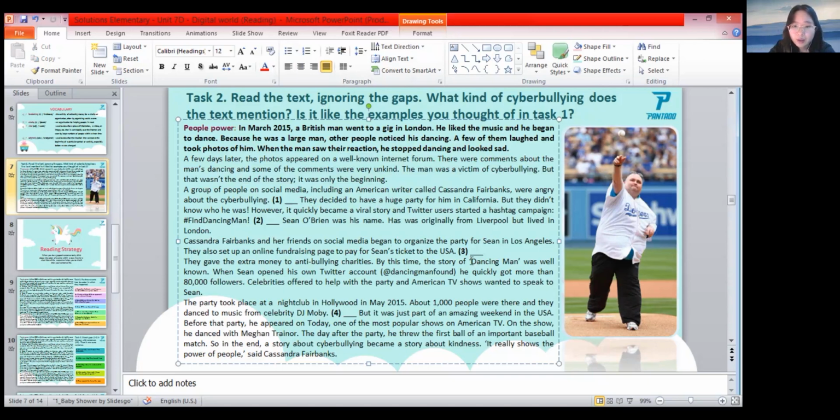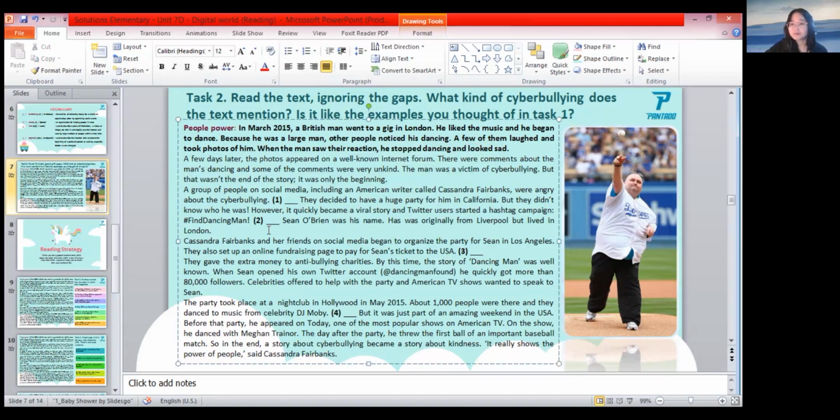Okay, so now we can see here this picture is a man dancing, and people make a lot of bad, unkind comments about this man. Okay, so what did they say? Or what is the viewers' reaction to this picture? A few of them, what? Can you read that?